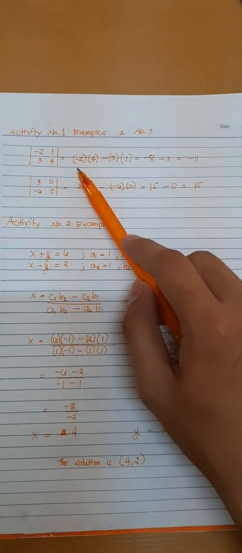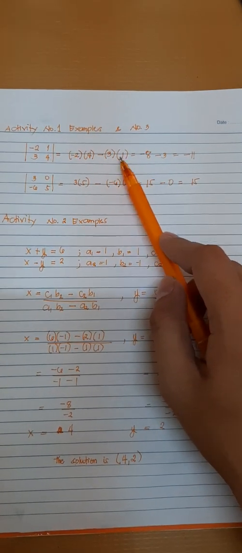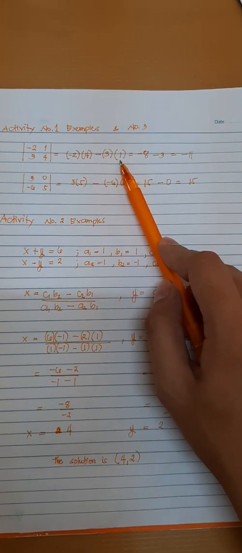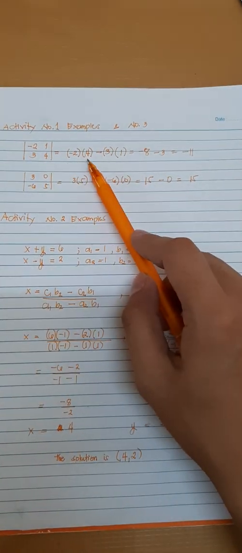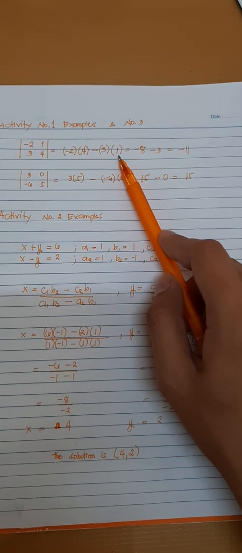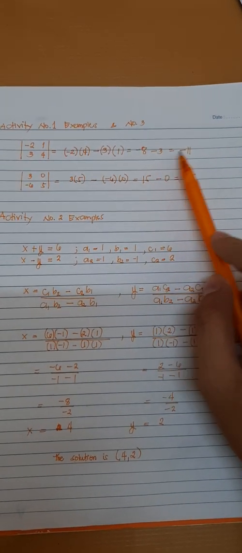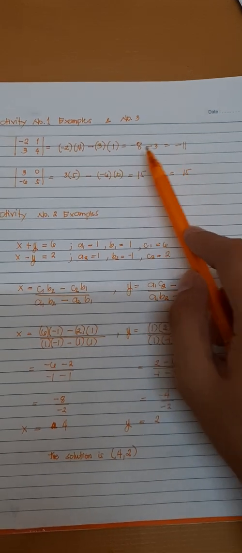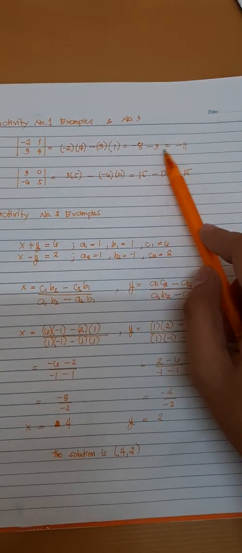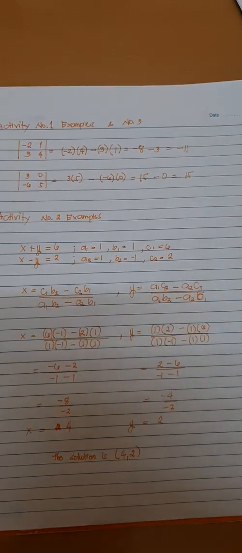So we have -2 times +4 minus +3 times +1. -2 times +4 is -8. 3 times 1 is 3. So -8 minus 3 is equal to -11. All we need to do is just add 8 and 3 and just copy the sign. So we have -11 here.